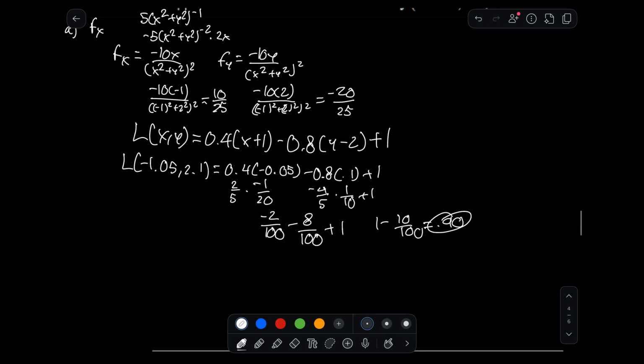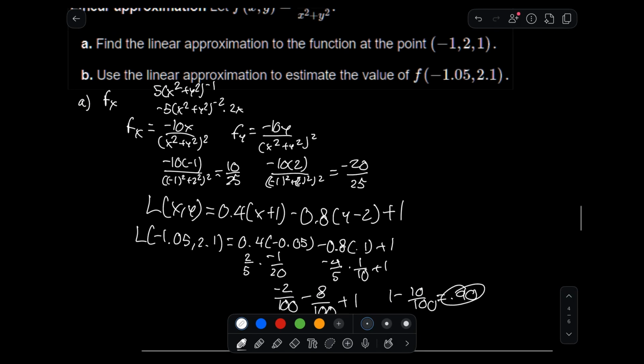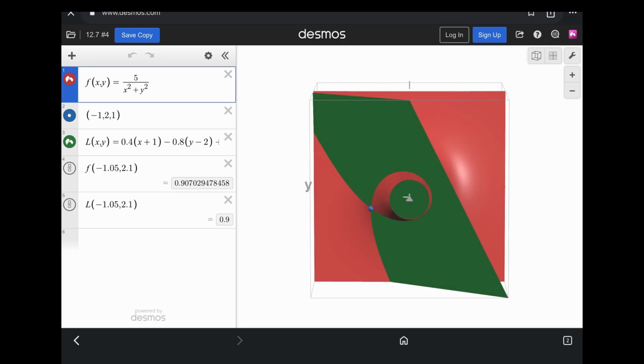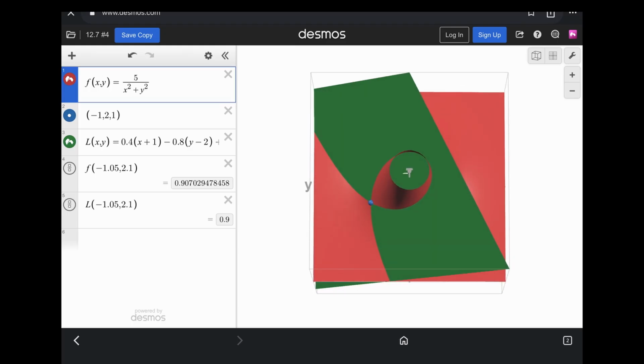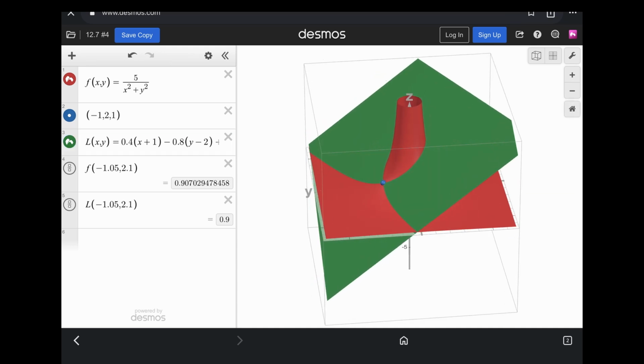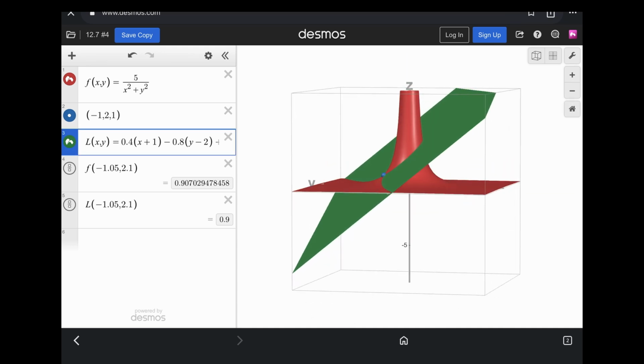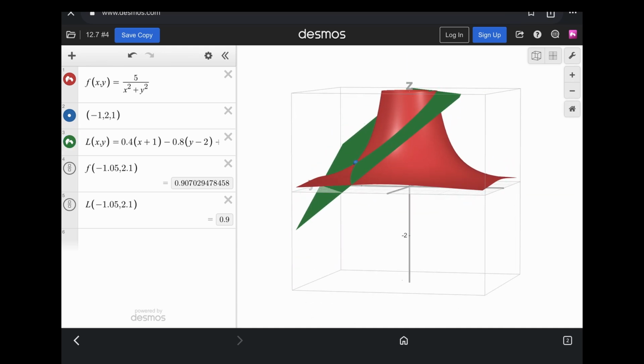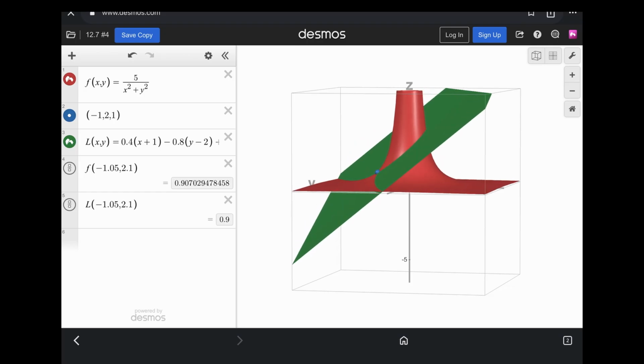Our actual value, which we can check on Desmos real quick, would be shown as 0.9070, which is very close. Remember that the closer you get to your approximation point, the more accurate your value is going to be. This is another example of this right here. As we see, they both meet at that blue dot and are really, really close in value.